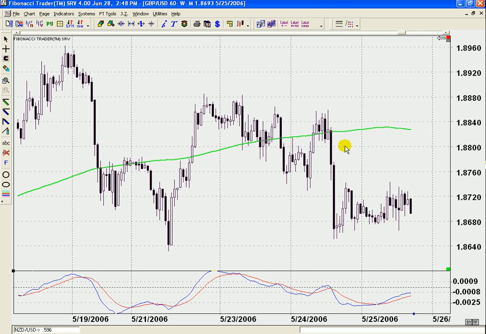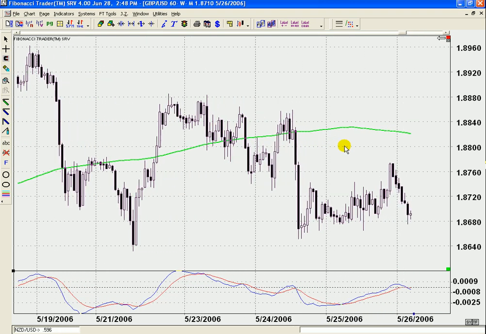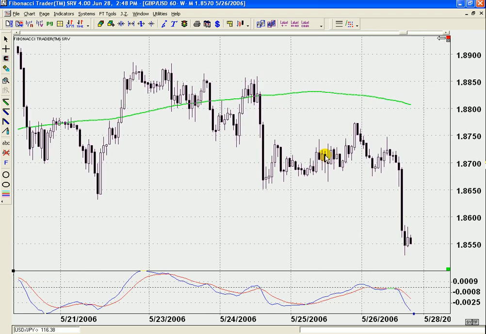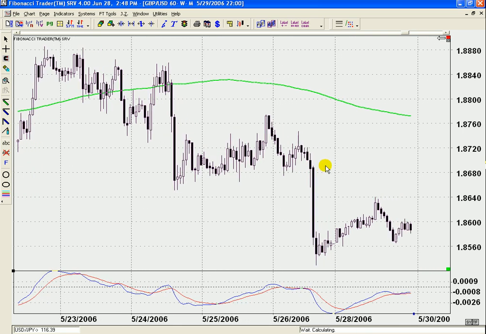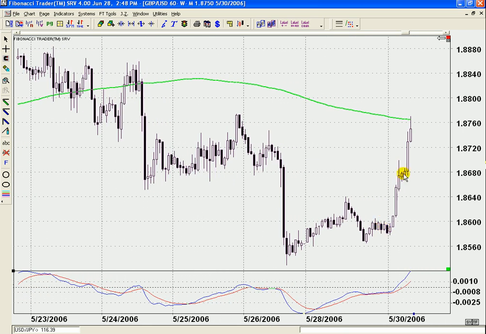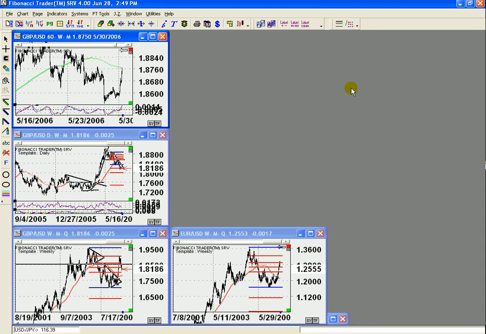Okay? So here we see this price move, and on a larger time frame, of course, it looks a lot more clean, but this is what happens on an intraday basis, and price just continues to move down. Now, once again, just wanted to review that on the weekly chart.